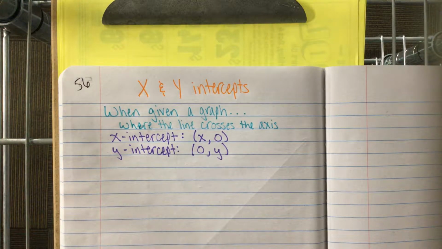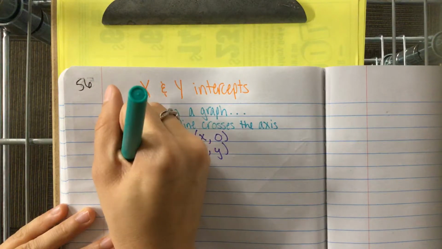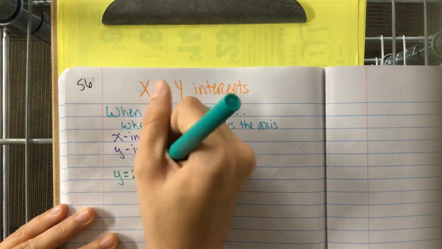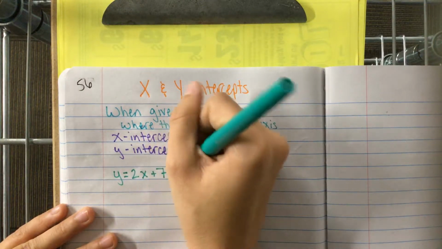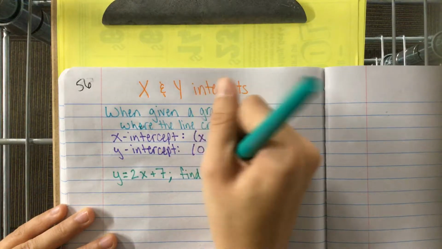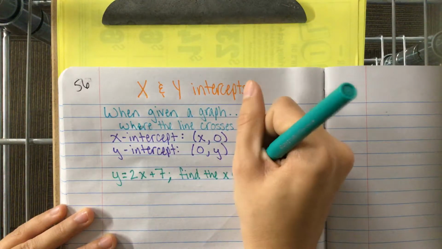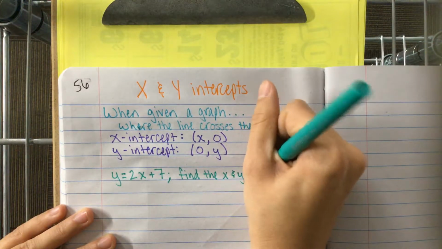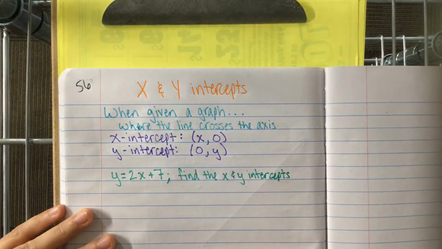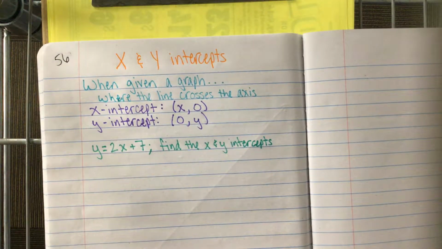So what if I want to find the x and y intercepts from y equals 2x plus 7, and the question says, find the x and y intercepts.